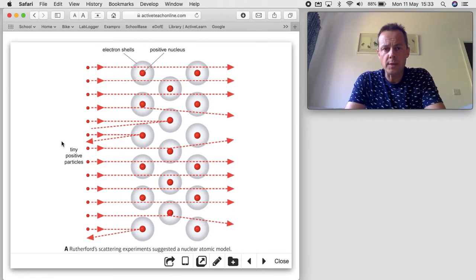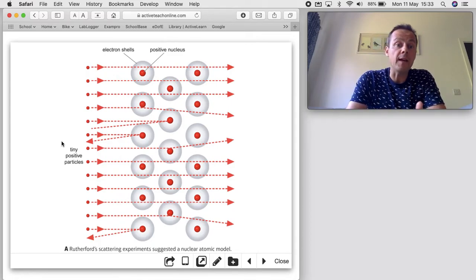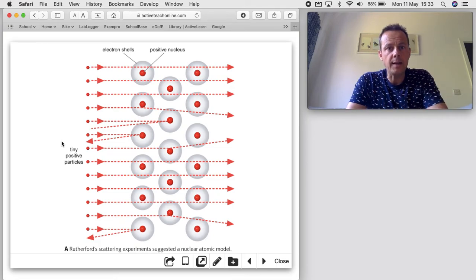Because if it wasn't empty space, those tiny particles would have collided with something and either been deflected or completely bounced back. Whereas you can see clearly in that diagram that most of the particles passed straight through the gold foil, suggesting that the atom was mainly made up of empty space.